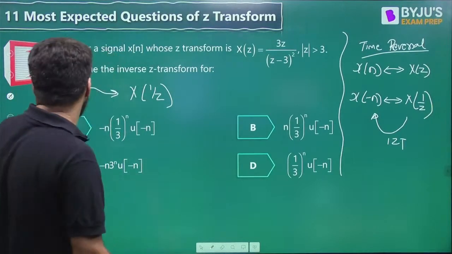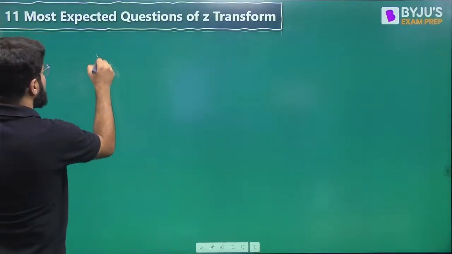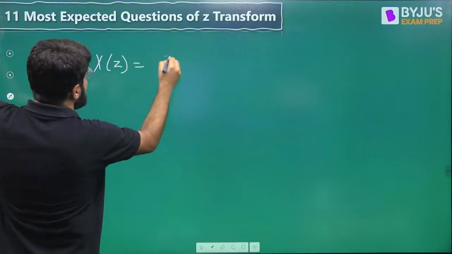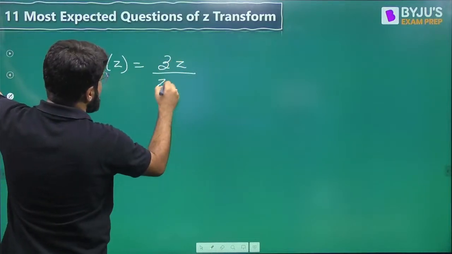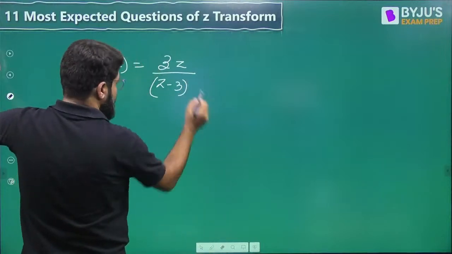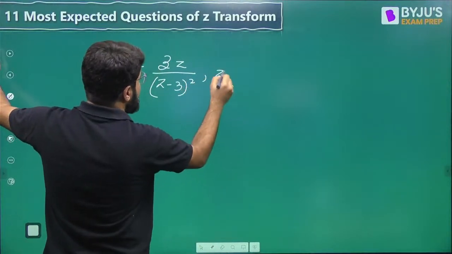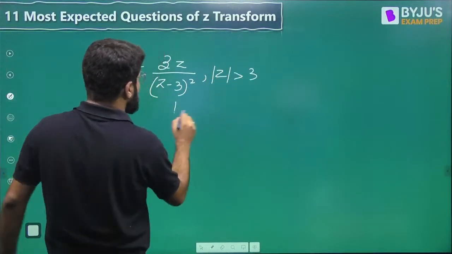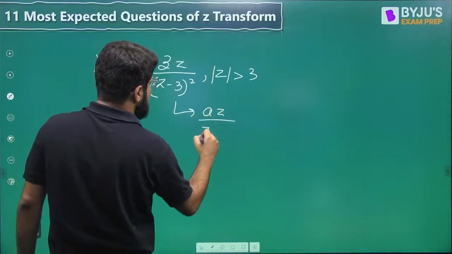What is x[n]? Let's see. X(z) has been given to you: 3z upon (z minus 3) whole square, for modulus of z greater than 3. This is of the form az upon (z minus a) whole square.